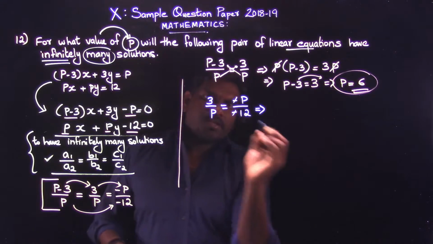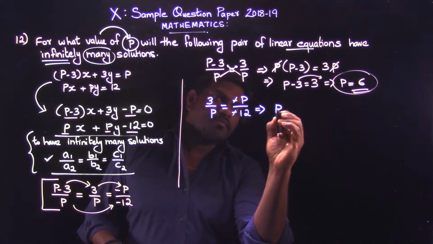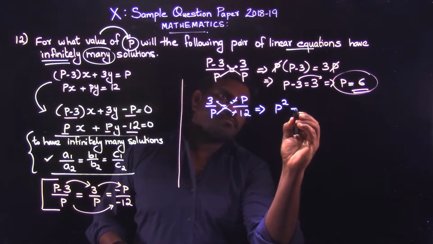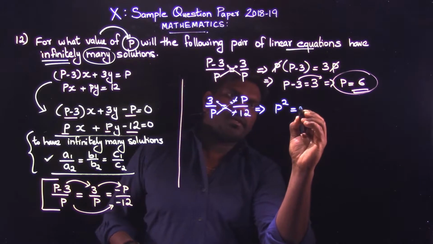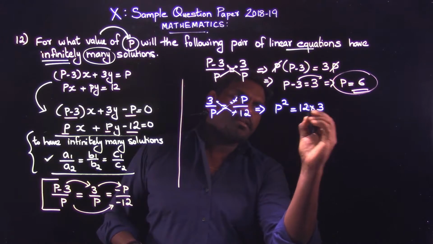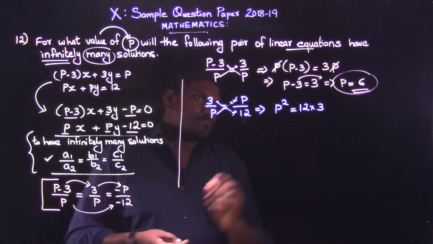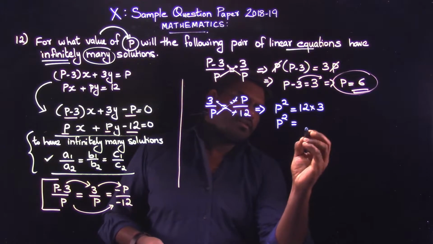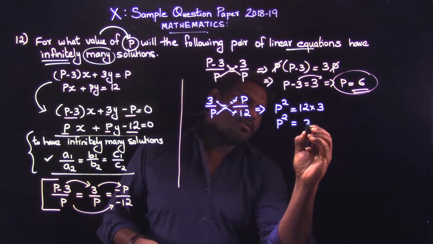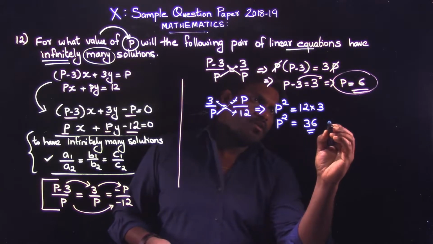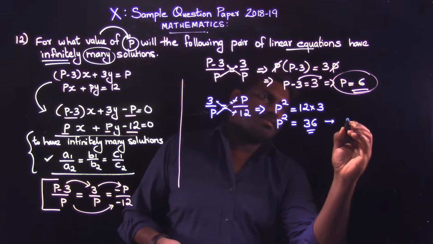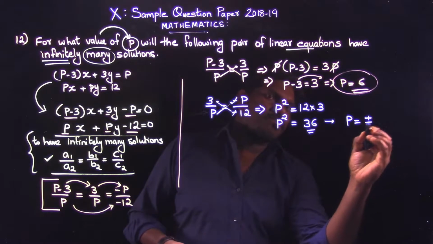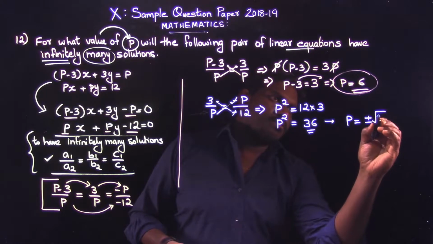Then that becomes P square, and 12 multiplied by 3 will give me P square is equal to 36, which in turn I can write as P is equal to plus or minus root 36.